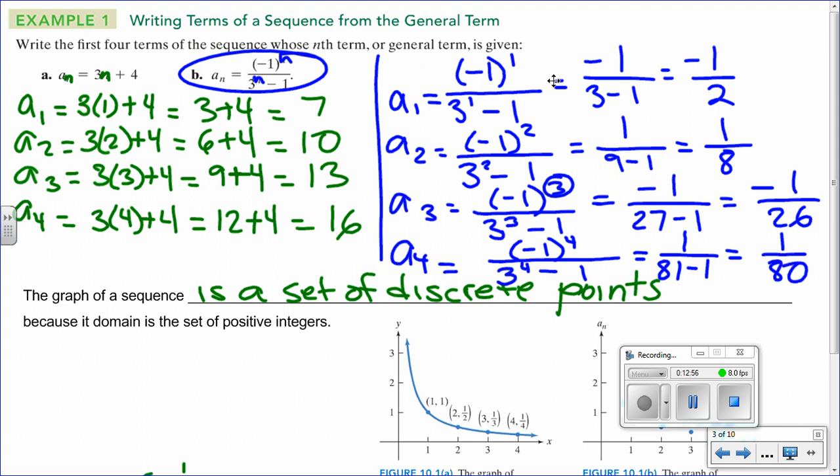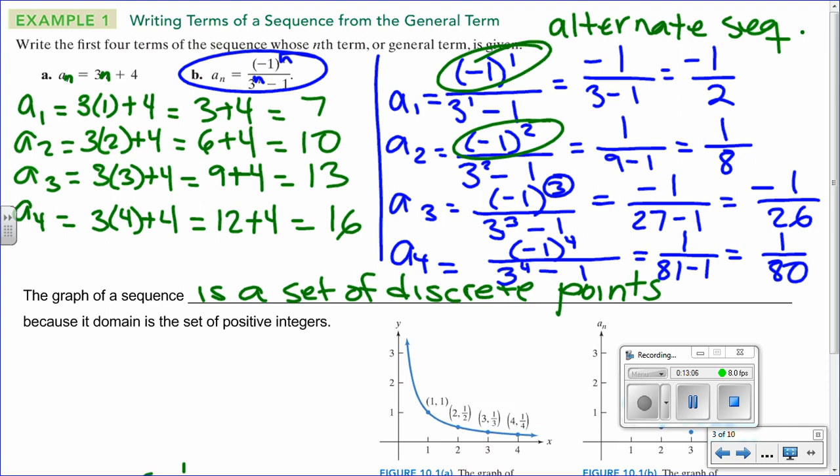So you can see, and we call this an alternating sequence. This is just a really good trick when you want your signs to alternate, like from negative to positive, negative to positive: use -1 and just change the power around.